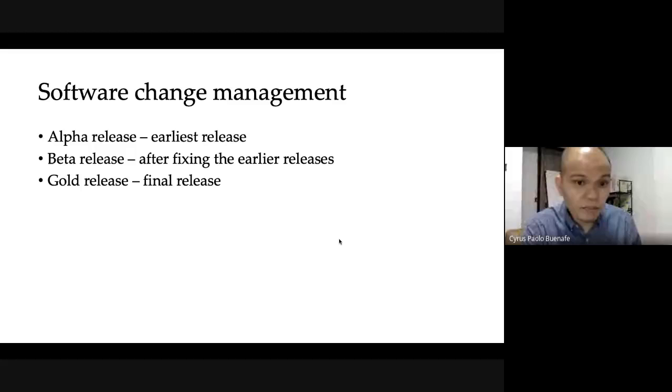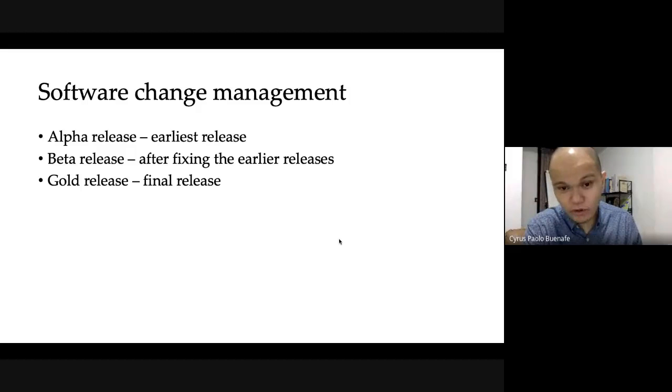Now, a beta release is done after you've fixed the earlier releases. You can have multiple beta releases. But once you've fixed everything to the best of your abilities and within the time constraints, you finally come up with what is known as the gold release, or your final release. And in principle, the gold release should be the flawless version of all of your releases.